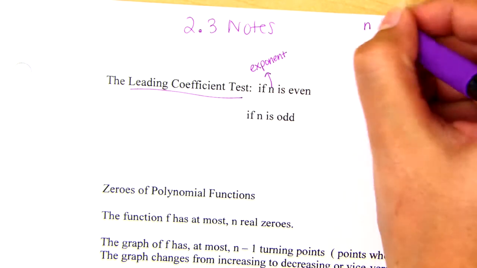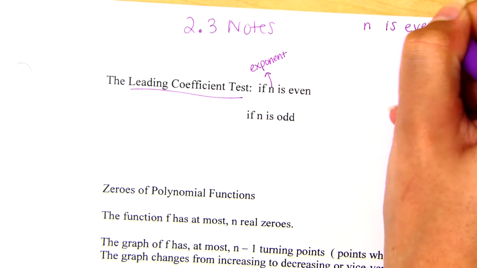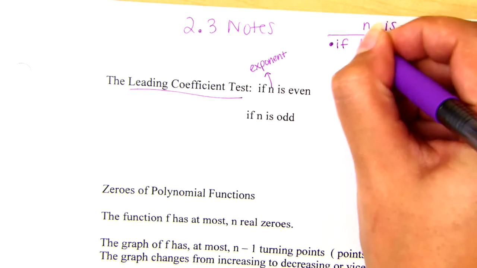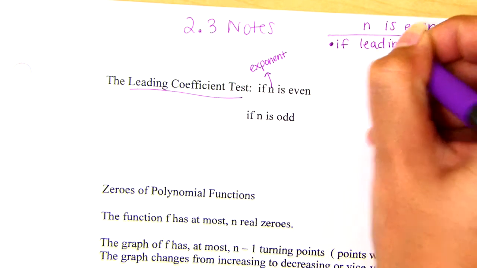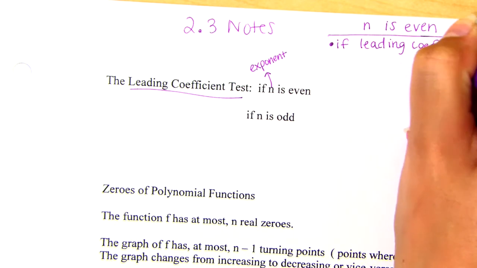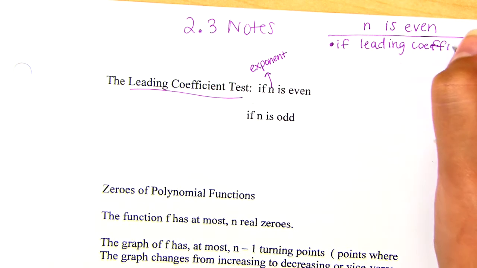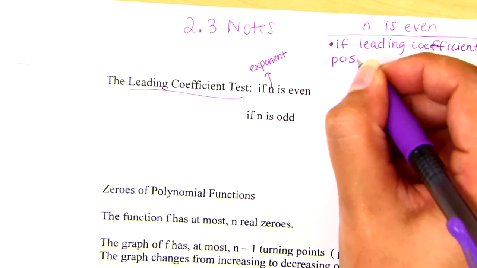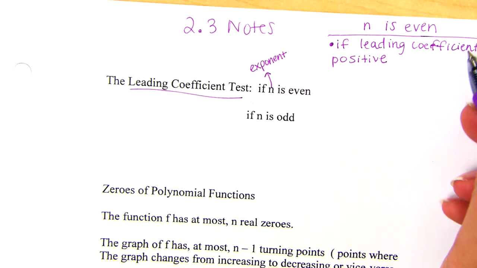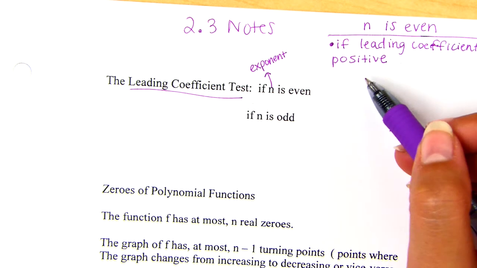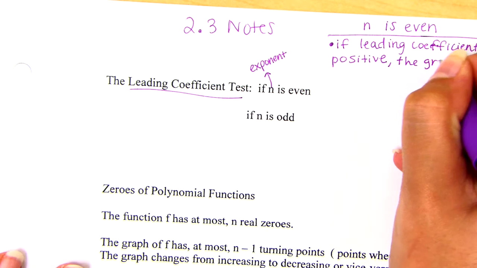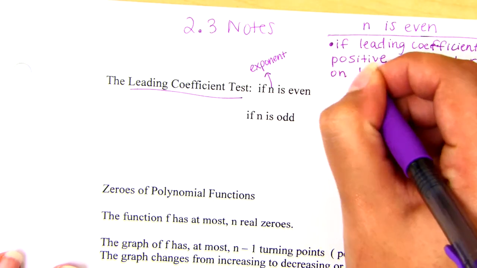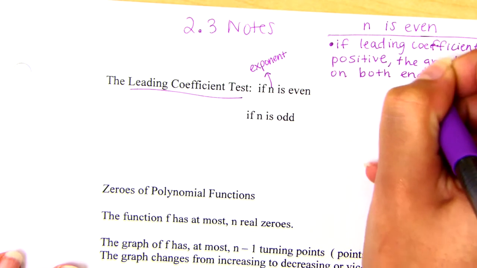So n is even, if the leading coefficient is positive, the graph rises on both ends.